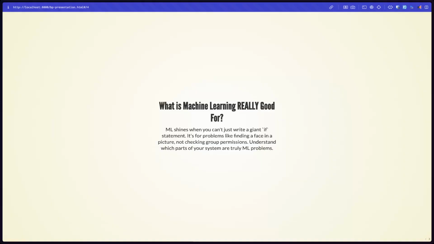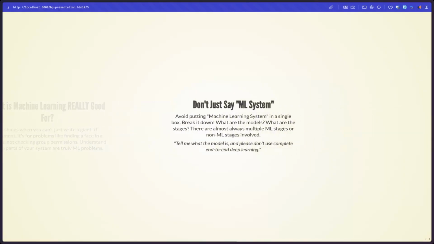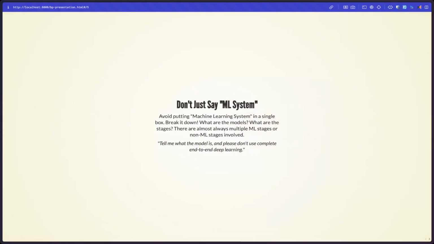So don't just say "ML system." Try not to draw just one big label, ML system, and say this is the ML system. That tells nothing. So what are the stages?